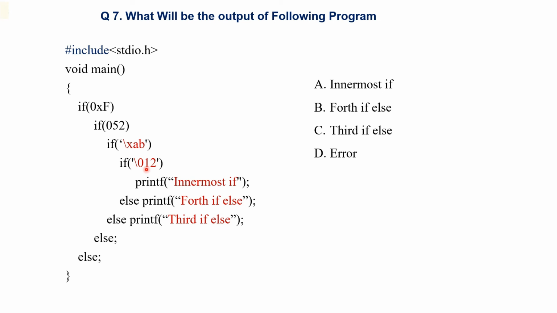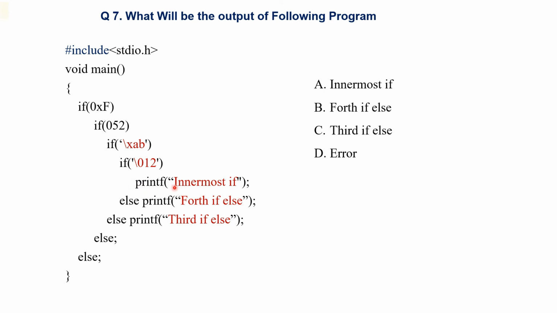So here the expression in the or condition is backslash 012, which is an octal character constant. So this is an octal character constant, therefore it is also a non-zero value, and therefore it will be considered as a true value. So as this is true, control will be transferred to the next statement, which is a printf function.